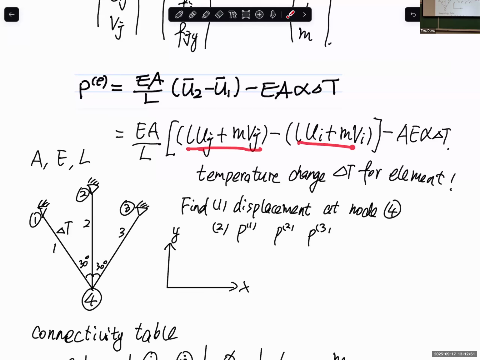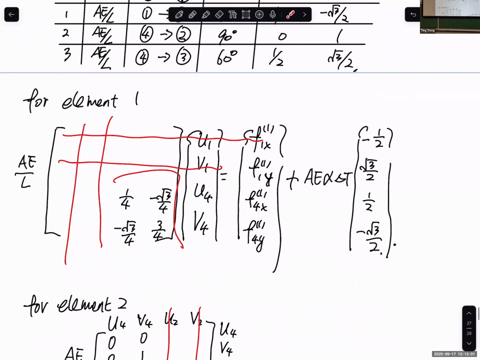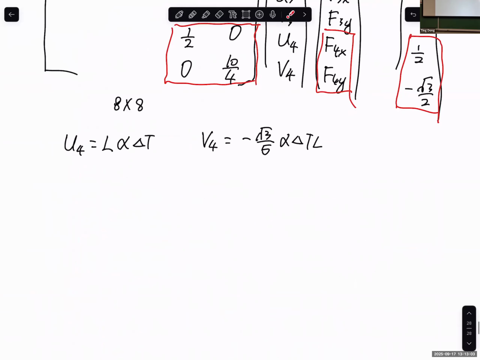Again, why I keep emphasizing make it consistent, because the definition of your first node to second node is different from other people. So let's do it one by one. For element 1, the element force of element 1, we have AE over L. Second node, based on definition, is node 4.